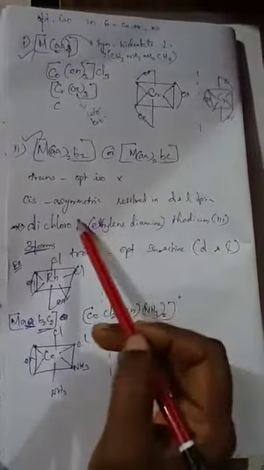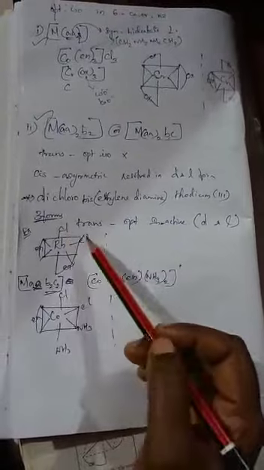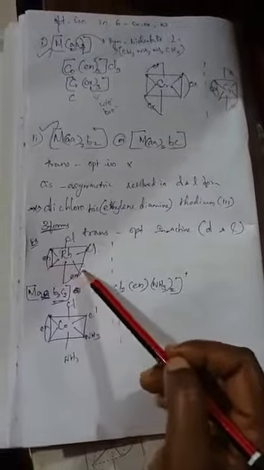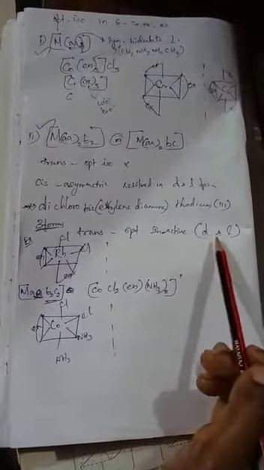That is, in cis form it can have D and L form. One example given is dichlorobis(ethylenediamine)rhodium 3. Rhodium is the central metal atom, with two chlorine atoms and two ethylenediamine molecules. It shows optical activity and has D and L form.